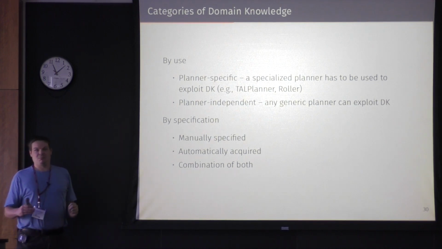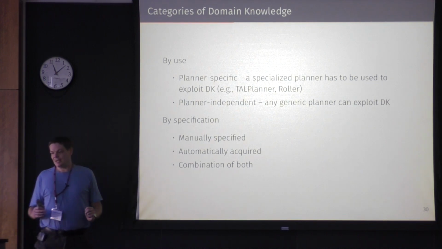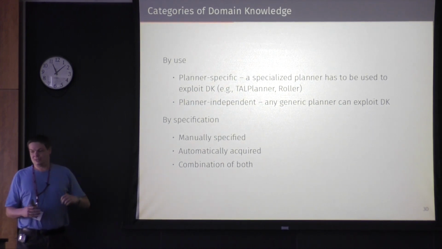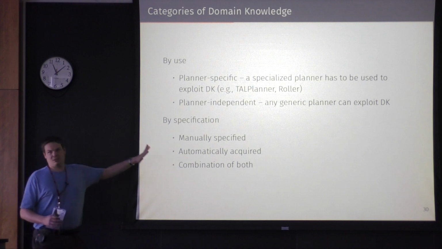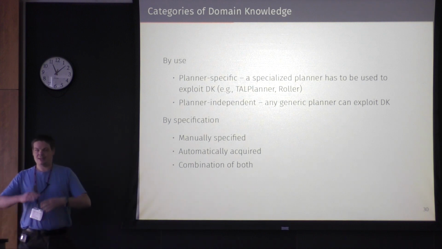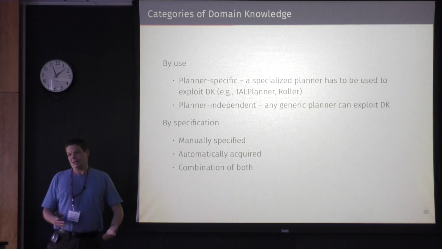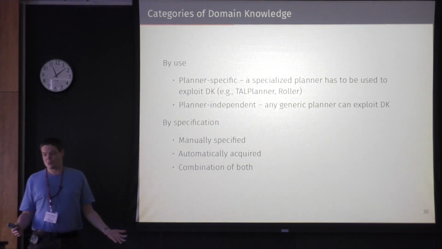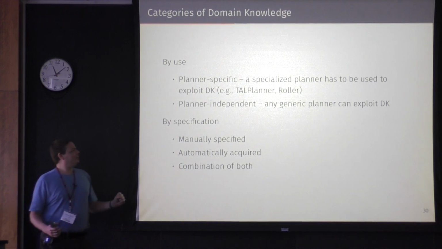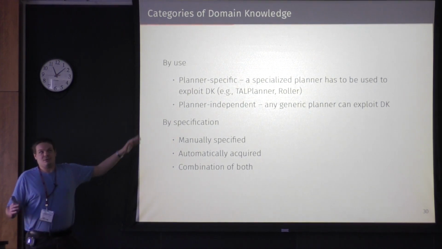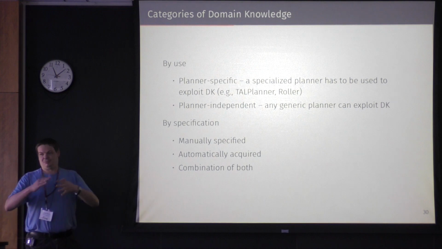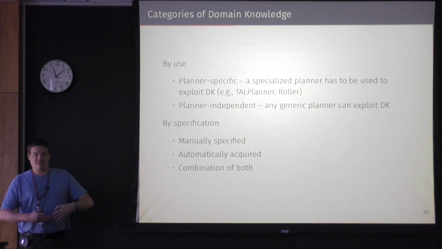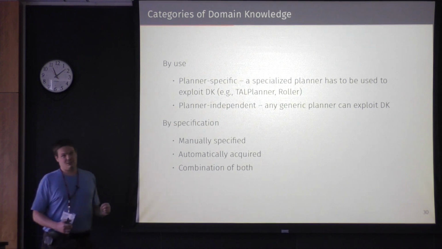On the other hand, planner independent basically means we don't need any specific planner. The advantage is that we can use any generic or standard planning engine that, for instance, supports PDDL and that can exploit it. Clearly, for planner specific, we might have some language like control rules in linear temporal logic where we can specify the domain knowledge.